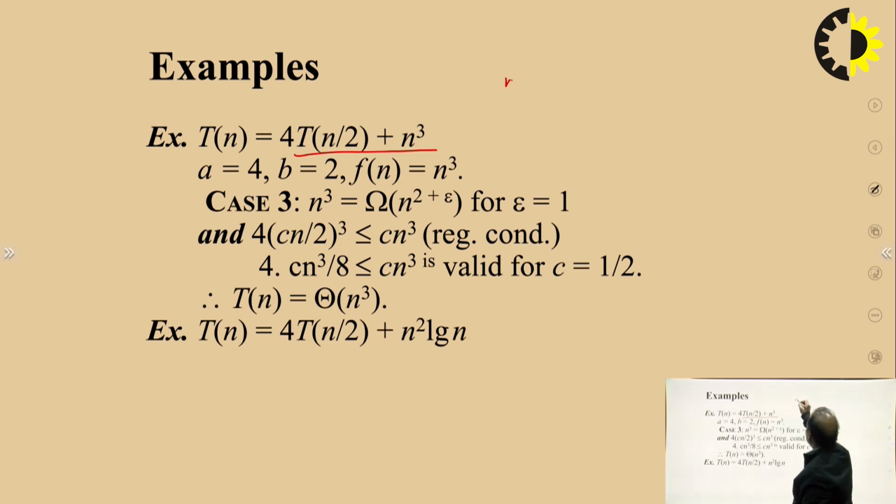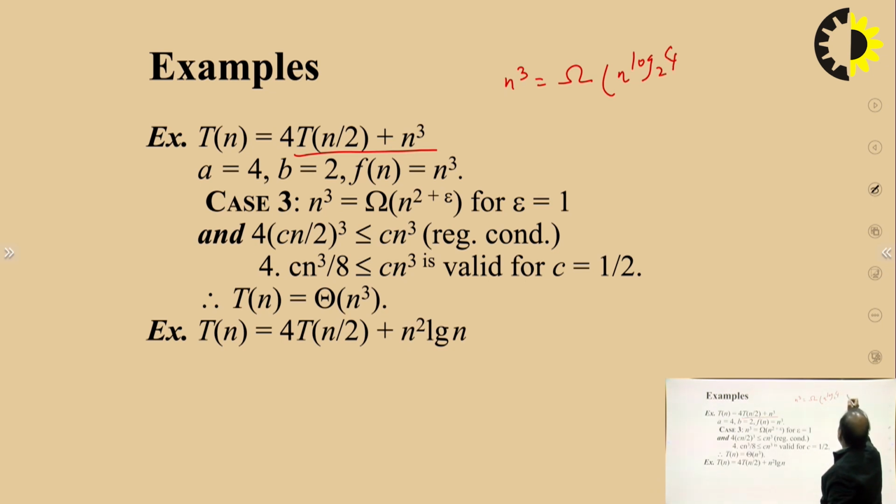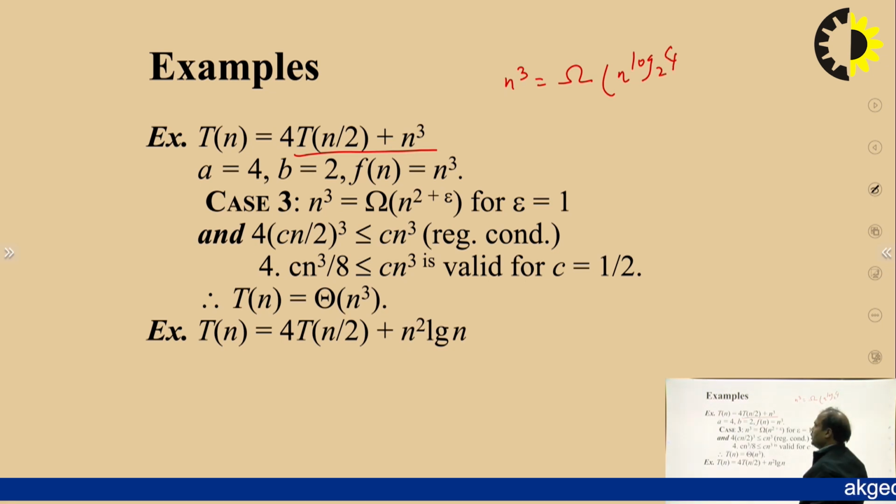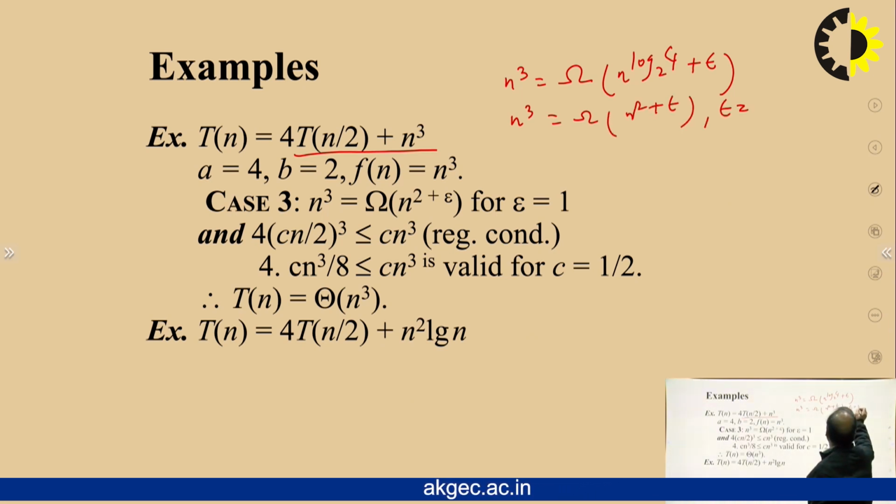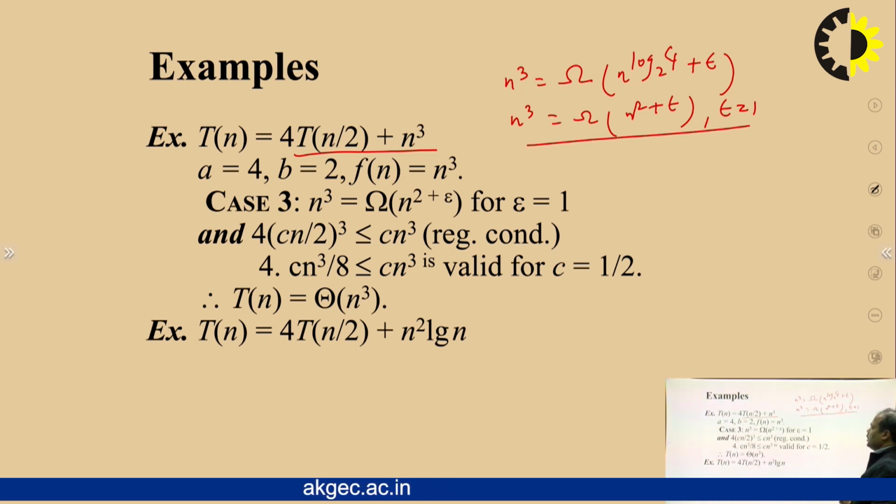So here, n cube is omega of n to the power log a, where a is 4 and b is 2. Definitely this is n cube and this is n square. So it seems that n cube equals omega of n square plus epsilon, and epsilon can be 1. So now it seems that case 3 is applicable.